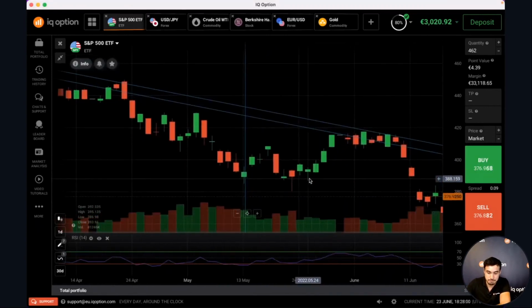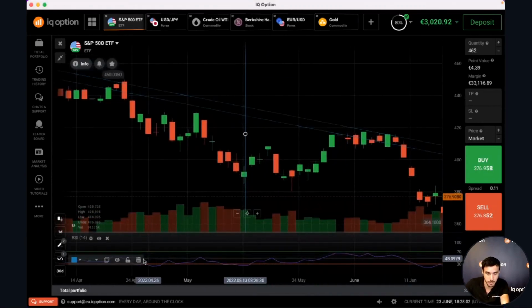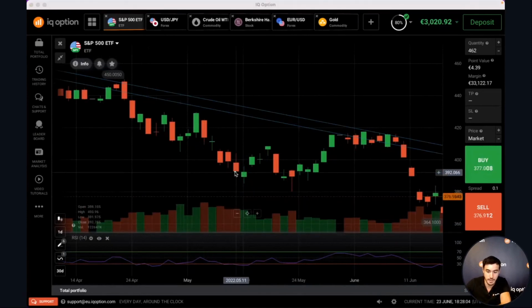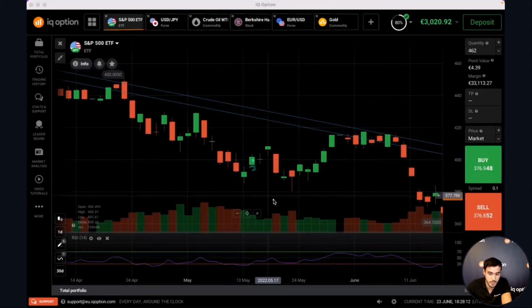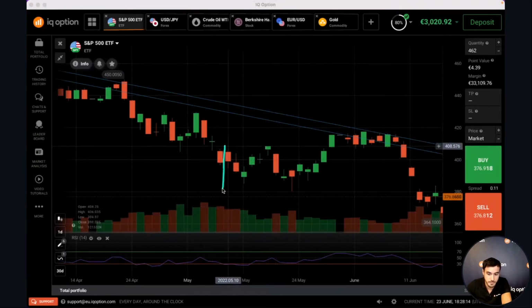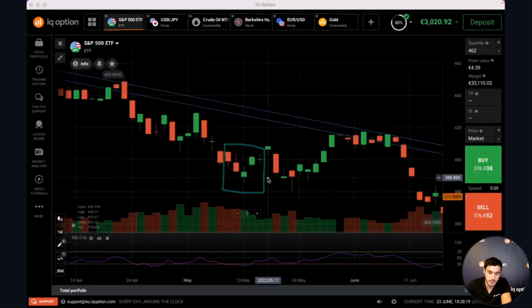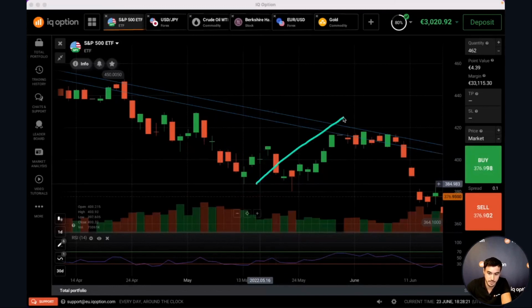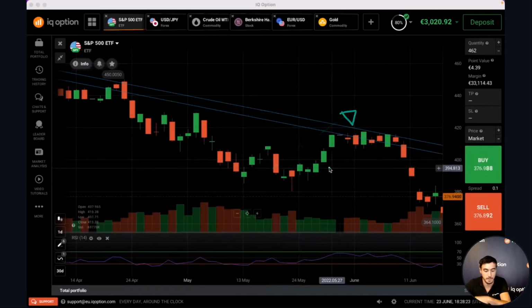And this one also is a beautiful one. I'm in 1 day. So red, green, gap, and green. You see here. So what is this? It's a morning star and price heading up, right?